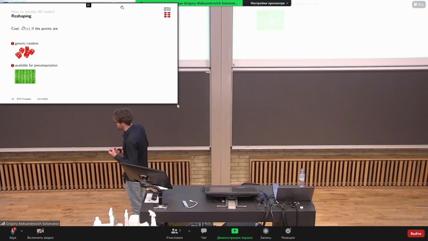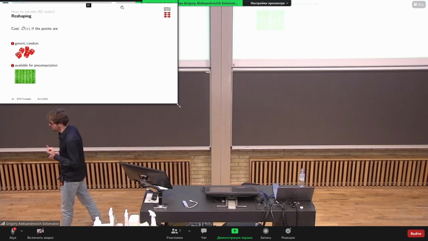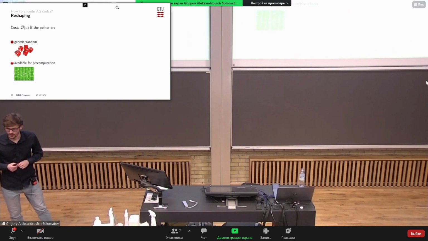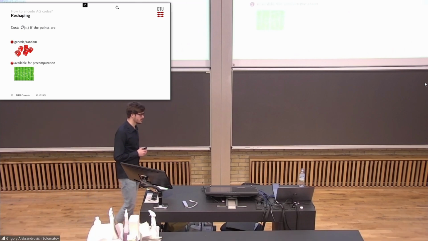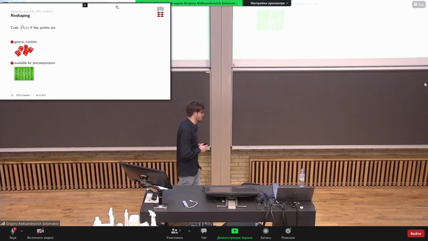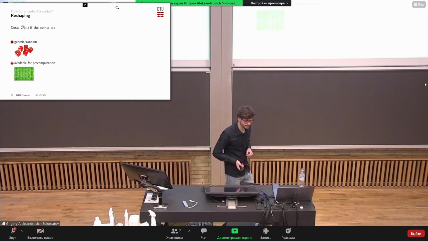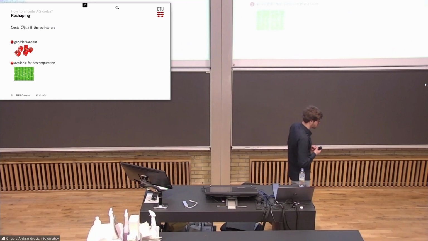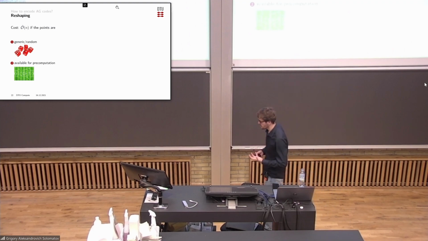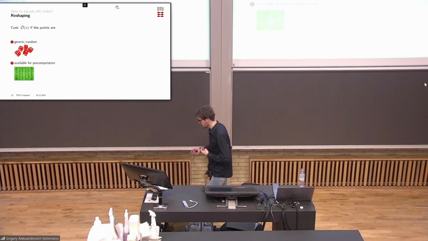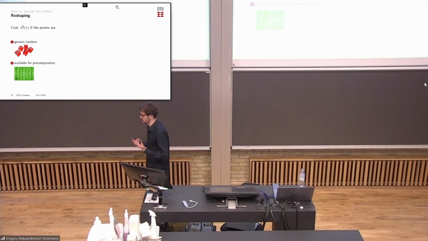And these caveats are, firstly, that it doesn't work for all points. As I said, suppose somebody gives us these reshaping polynomials, it might actually happen that these reshaping polynomials do not exist. What we have managed to show is that they exist for by far most point sets. So if you pick a random point set, then with overwhelming probability, you will be able to find these polynomials.